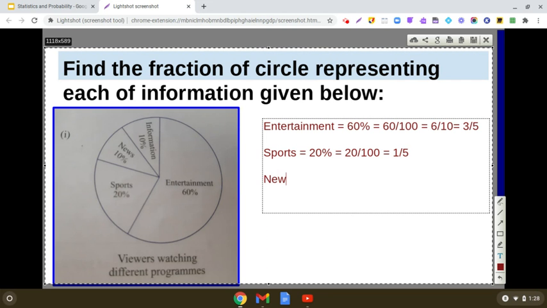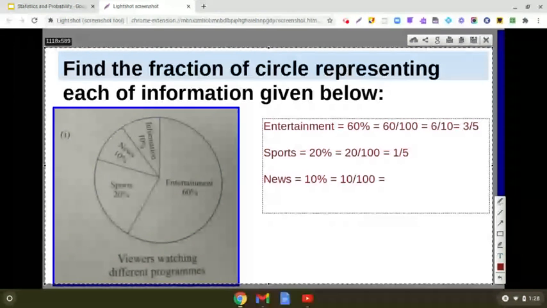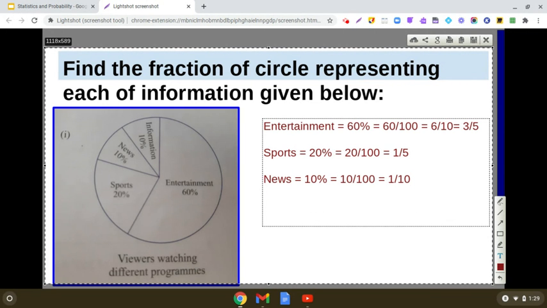It is given news. News is representing 10% of this pie chart. So 10% meaning 10 divided by 100, which gives us 1 upon 10. Now the last is information.